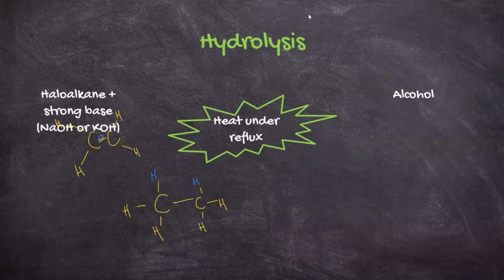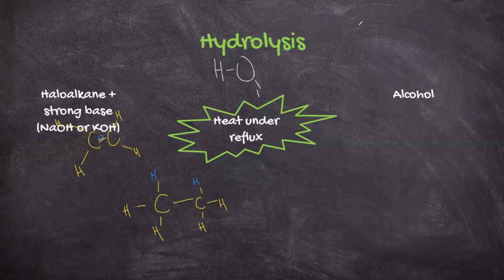Can I explain hydrolysis again? I have shown it twice, but I will show it again. Hydrolysis, when water is split up, hydro, H2O, looks like this. Remember, that's what your water molecule looks like.